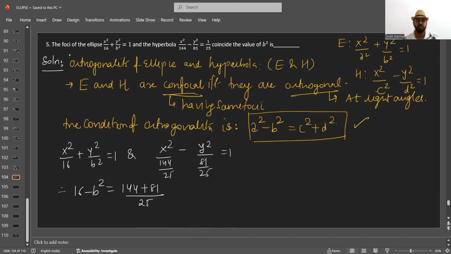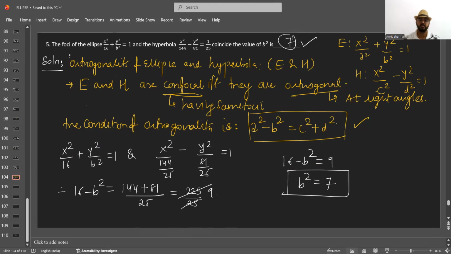So 144 plus 81 will give me 225 over 25. So now we see here this is 25, and then 225 will be divisible here. So I'll be having 9 here. That means 16 minus b square is 9. So this gives me b square is equal to 7. So the answer would be 7.